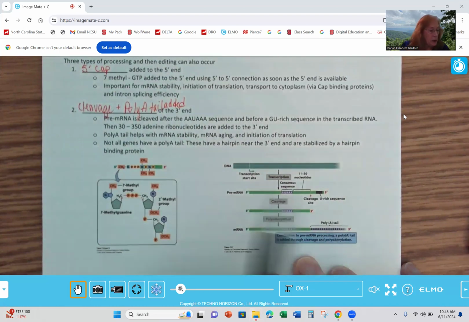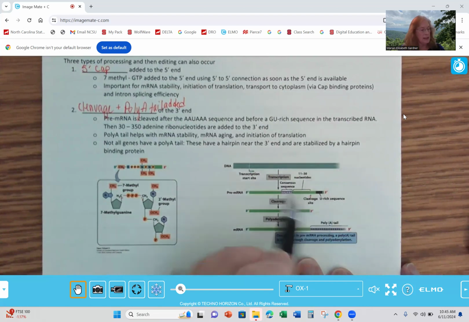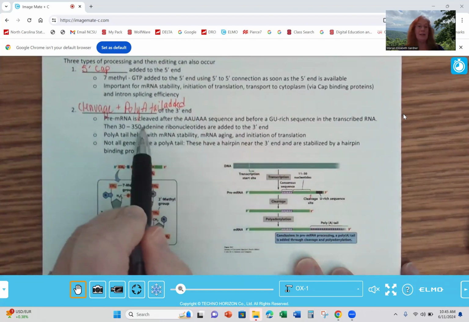But over here, we're looking at a site, and I'm not going to ask you to memorize anything about cleavage sites or consensus sequences, but there is a site after a consensus sequence where cleavage does occur. That cleavage occurs, and then the poly-A tail is added. And this could be hundreds of ribonucleotides, and they're all adenine residues, poly-A tail.